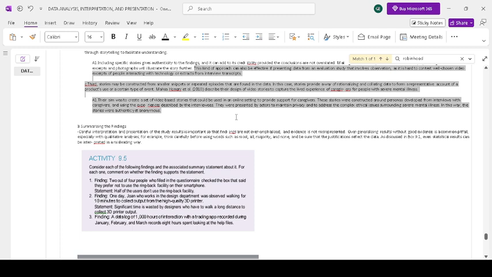These stories were constructed around personas developed from interviews with caregivers and using the experiences described by the interviewees. So they interview the caregiver first and then they create a story from that. They were presented by actors to maintain privacy and to address the complex ethical issues surrounding severe mental illness. In this way, the stories were authentic yet anonymous.